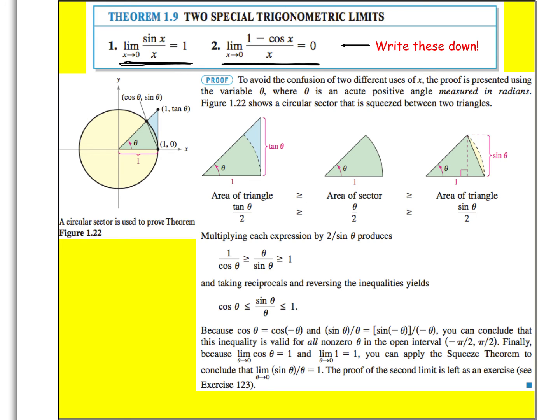That was number 8 on your homework yesterday. It was a table, so yesterday we proved it numerically with a table. I am not proving it analytically yet. Right now I just need you to memorize those two.